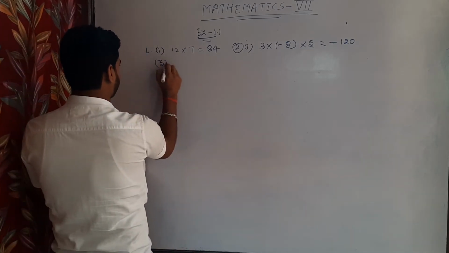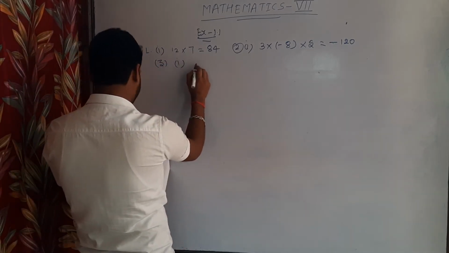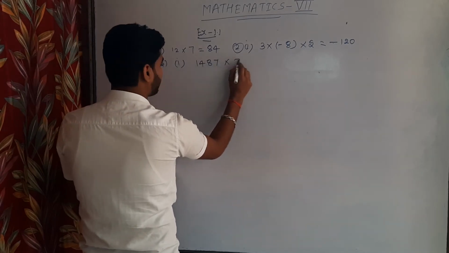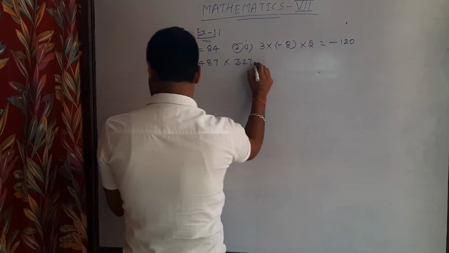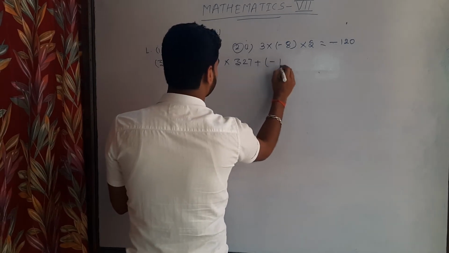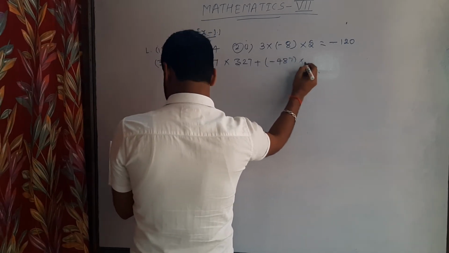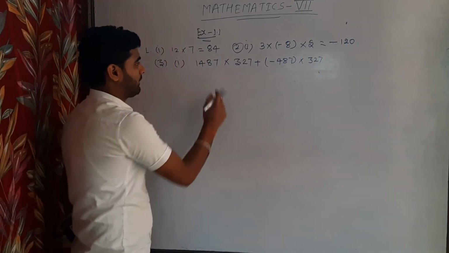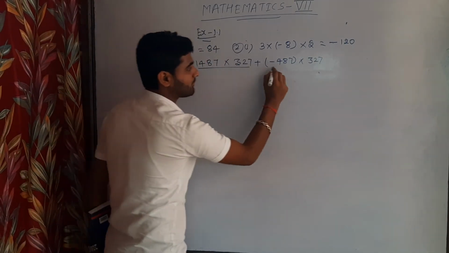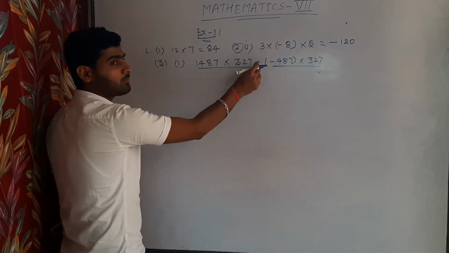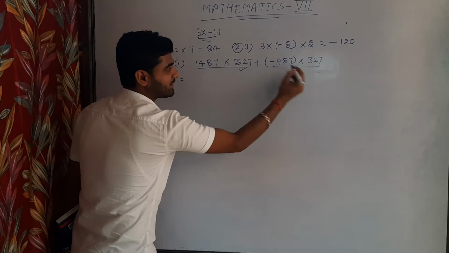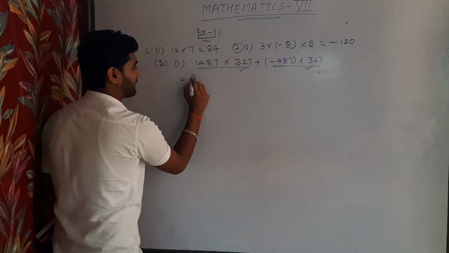Third, first, we have to find the value of 1487 multiply 327 plus minus 487 multiply 327. Here we have two terms separated by the sign of plus. We take common 327 in both terms.